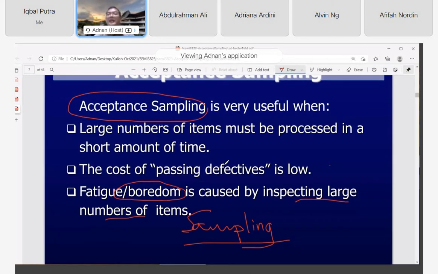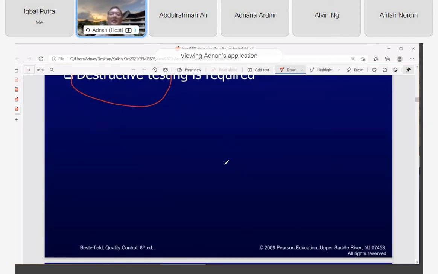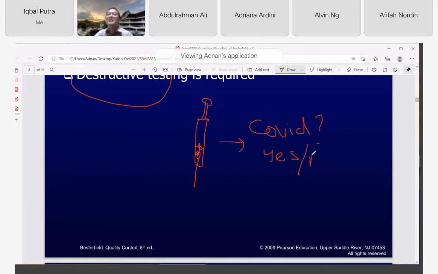So this is like certain sampling, like when you go to see a doctor. The doctor will take a sample of your blood to see whether you have COVID or not. They take only a few drops of your blood and then decide you have COVID or no COVID, yes or no. But people will say, is it acceptable?